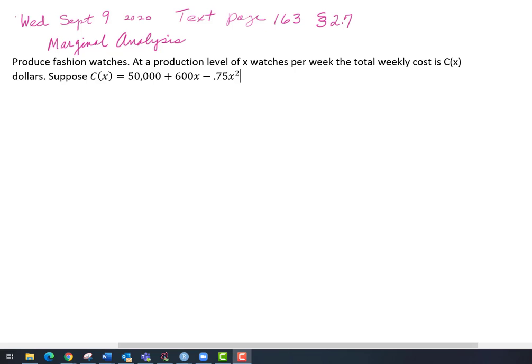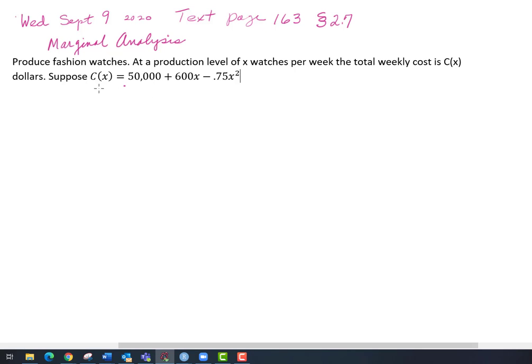Now let's think about marginal analysis, a new topic, but this topic is very closely related to the previous topic, which was differentials. We'll see how that is in just a second. Suppose that we produce fashion watches, and that at a production level of X watches per week, our total weekly cost is C of X, given by this function.